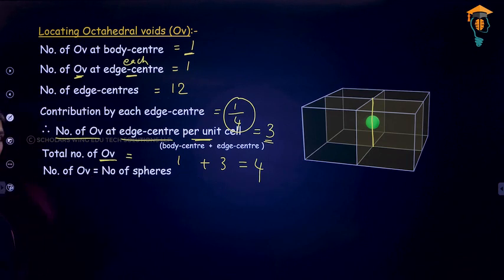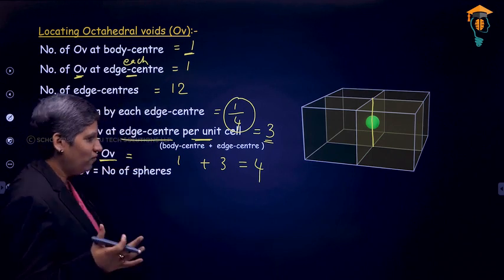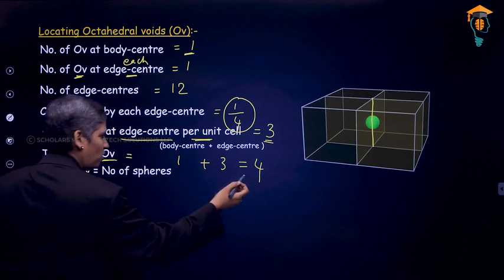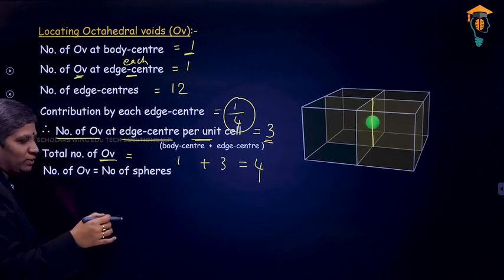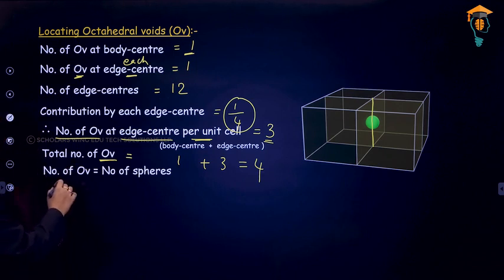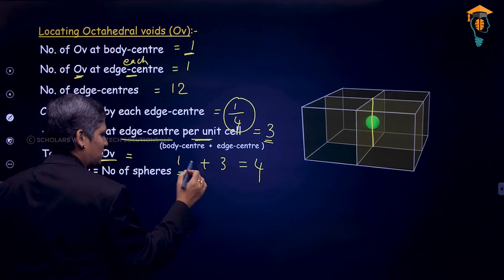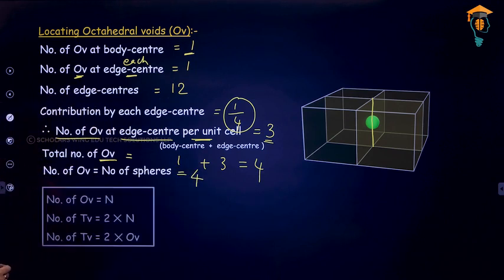We just now saw that. Therefore, friends, we got 4 OVs and we also saw 4 spheres per unit cell. That means number of OVs and number of spheres are both equal, and that is found to be 4. Therefore, we can conclude like this.